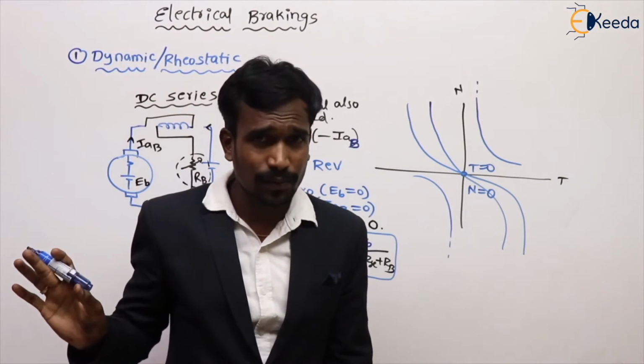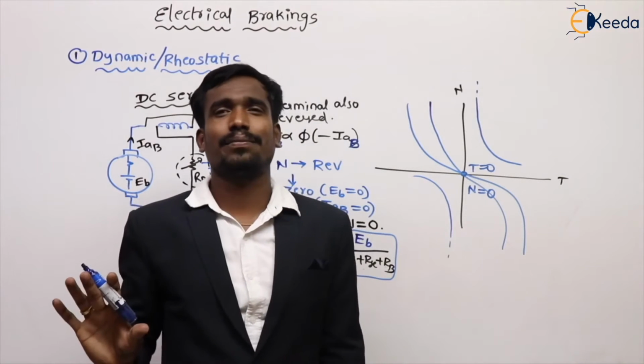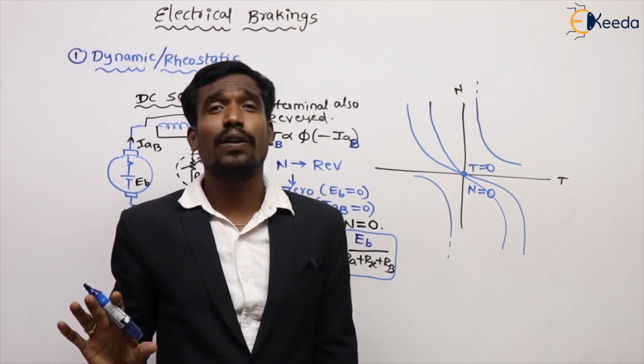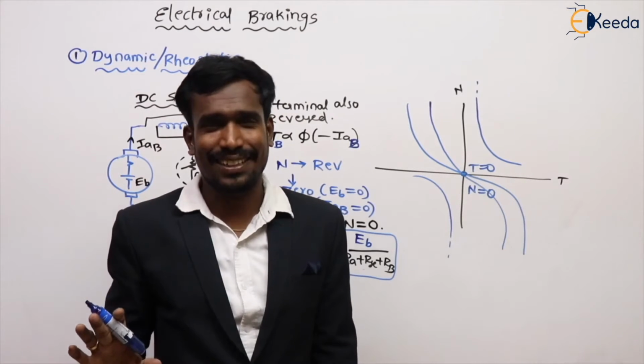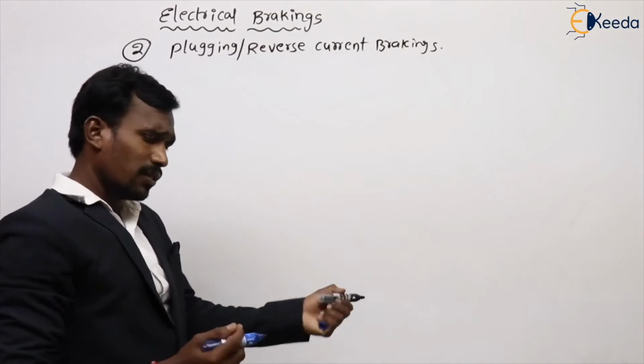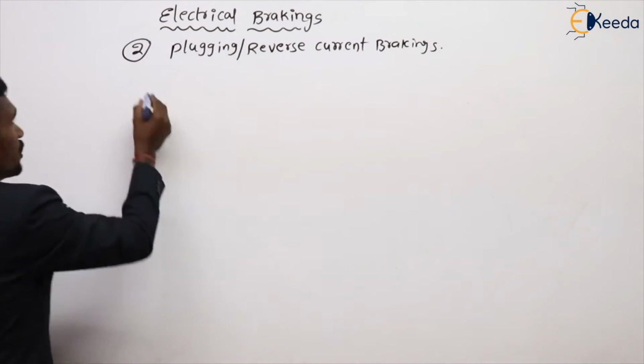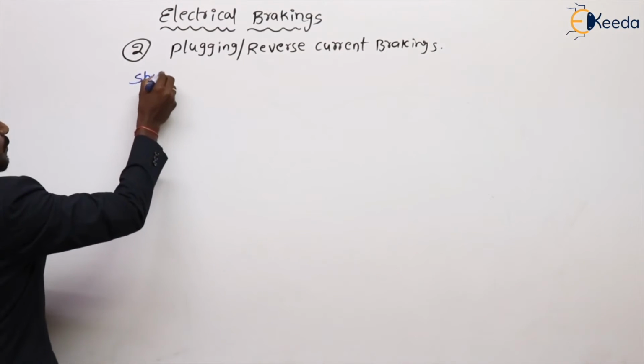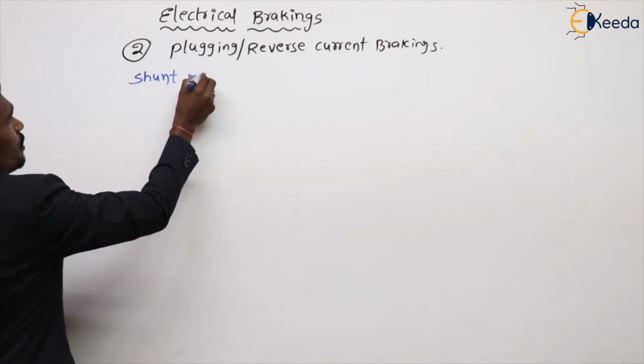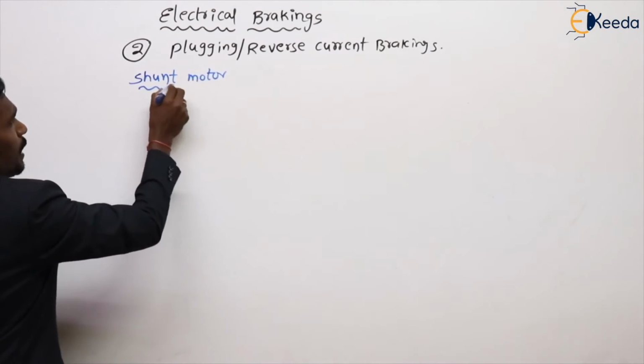Is it clear? The first one is clear. Now let's go for the second one. Let's see what this is. For the shunt motor, first of all I'm going to see how plugging is applied.